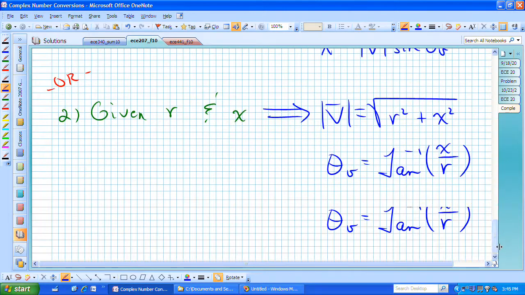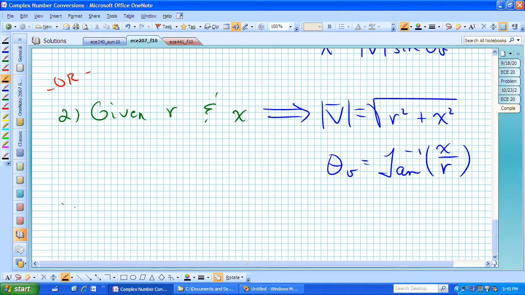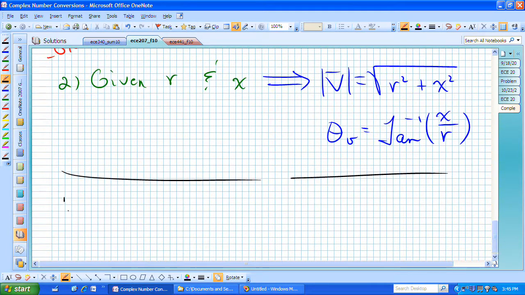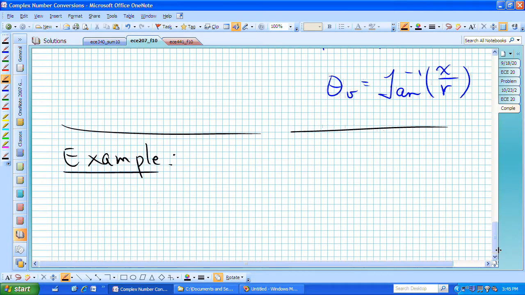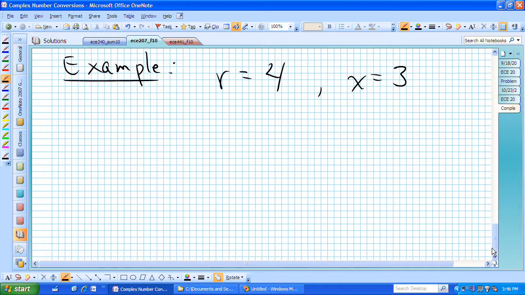Real quickly, let's think about an example using some 3, 4, 5 numbers, because those are pretty easy to work with. Suppose somebody gives you a real part of 4 and an imaginary part of 3 for a complex number. Then they're saying this complex number is 4 plus j3, since we need to know the sign of both pieces.